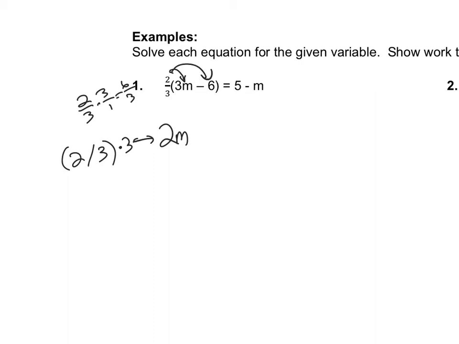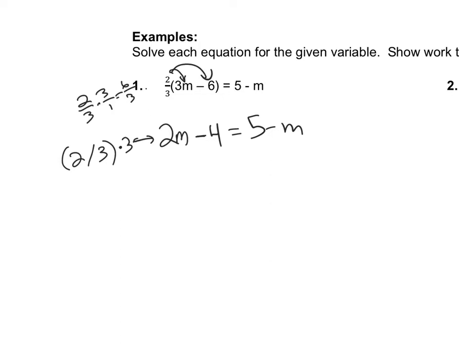Next we'll take the 2/3 times the -6, and distributing again, that would end up being -12 up top, 3 on the bottom, so 3 goes into -12 4 times. So we have 2m minus 4 on the left side, and the right side is going to remain the same.